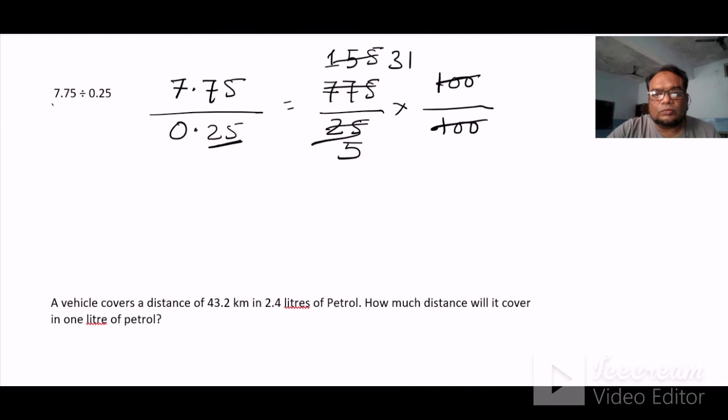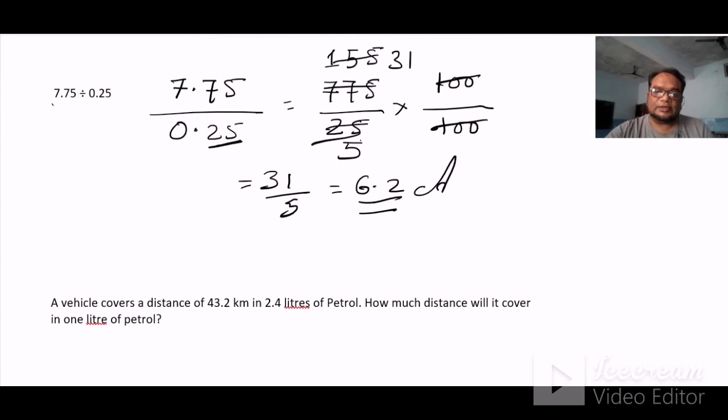So the answer is 31 upon 5. 5 sixes are 30 and 5 twos are 10. Hope you understand this question. So here the answer is 31.